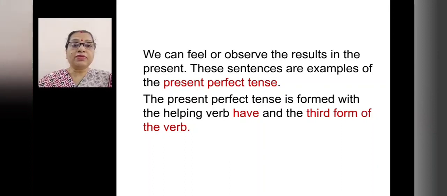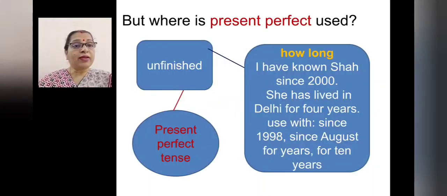The present perfect tense is formed with the helping verb have and the third form of the verb. But where is present perfect used? It tells you the unfinished time as well as the finished time. So for unfinished time, how long? We can understand: I have known Shah since 2000.